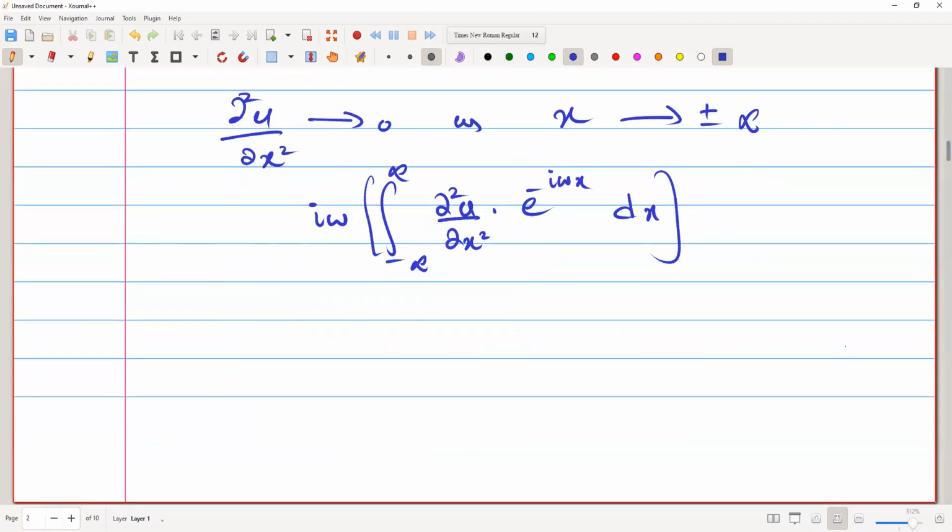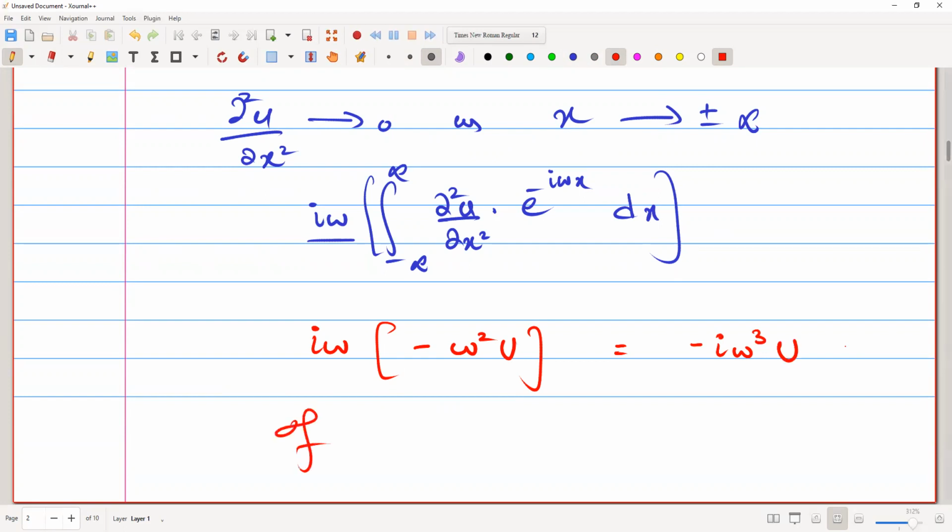So we can write it as negative iω. Sorry, it's iω here. This is iω, so iω in place of iω, and then we have −ω²u. So this will give us −iω³u.